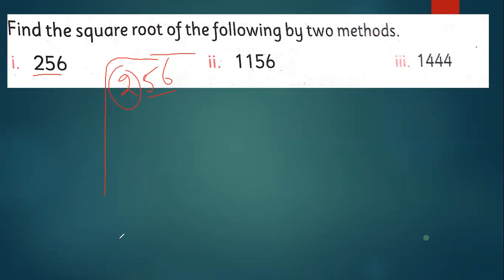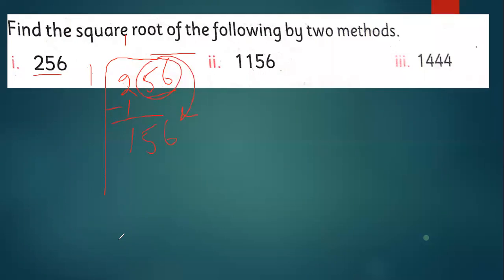Remember, in division, you have to deal with 1 ones are 1. So 1 ones are 1. Subtracting this 1, we are getting 0 and bring this pair down.